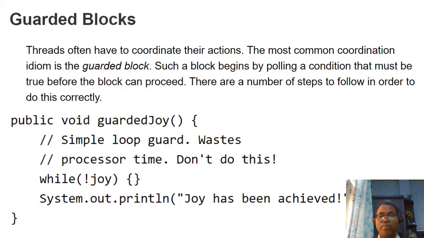This statement is only executed after the condition changes. But this is generally avoided as a way to guard statements, because you are just wasting processor time. Here you are holding the CPU and waiting.